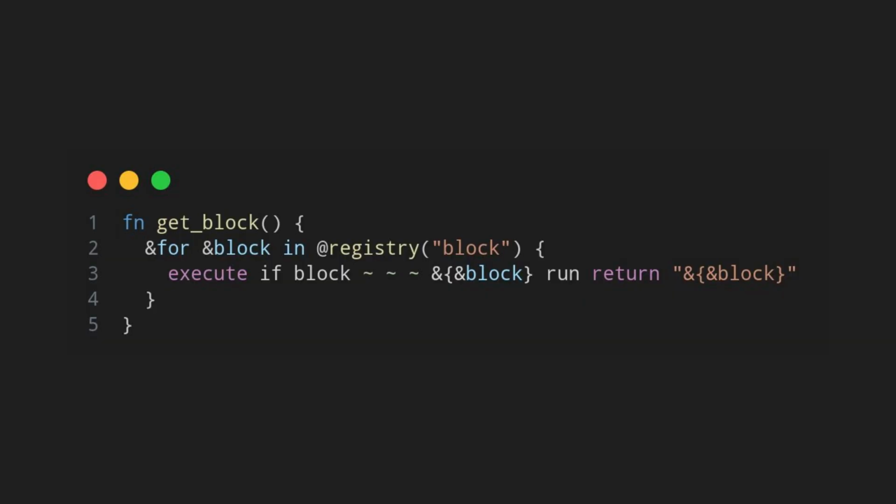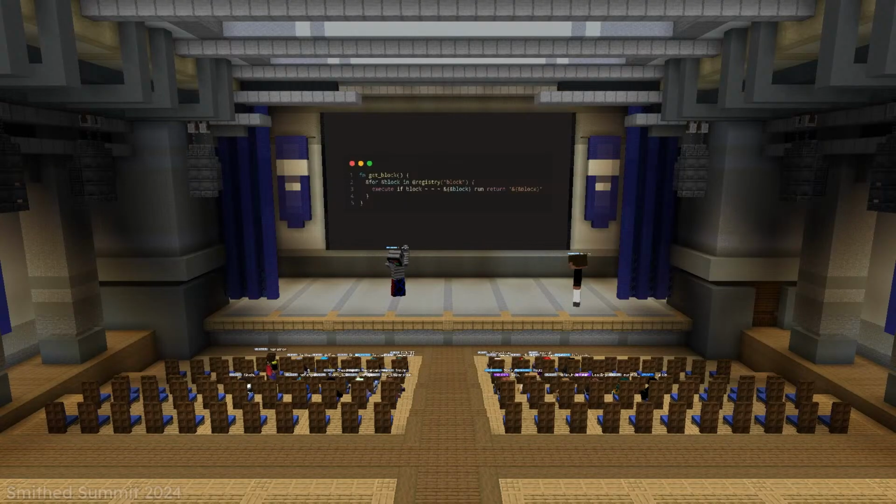You've got this getBlock function, and at compile time, it's going to iterate over all of the blocks in the block registry. And this at registry means it's a built-in function. Built-in functions are implemented into the compiler itself, and they allow you to do stuff which you can't express in Zoglin.